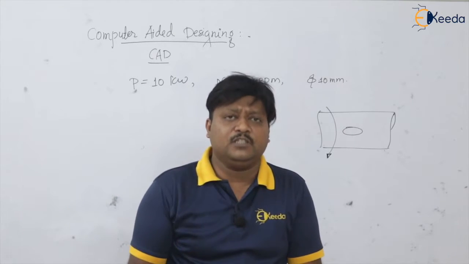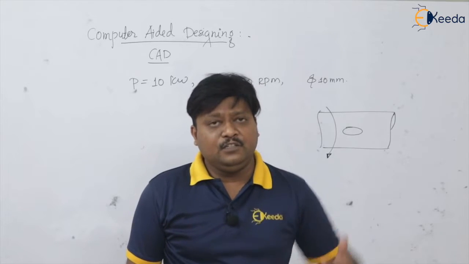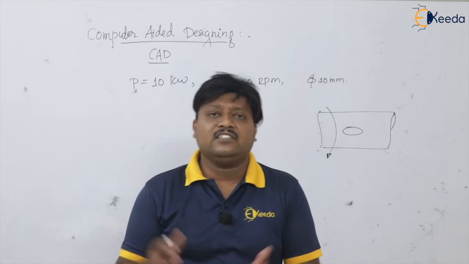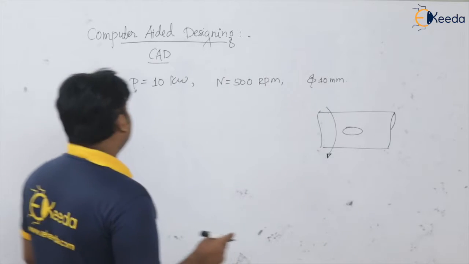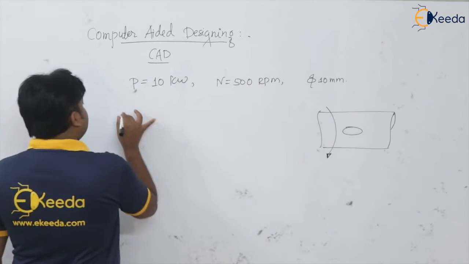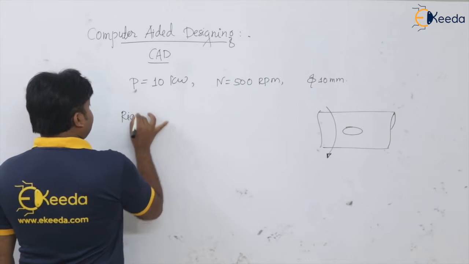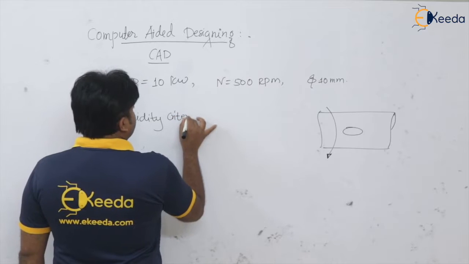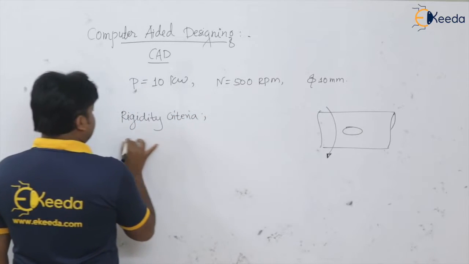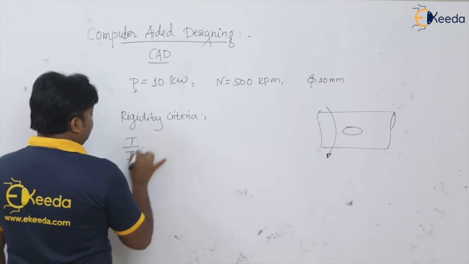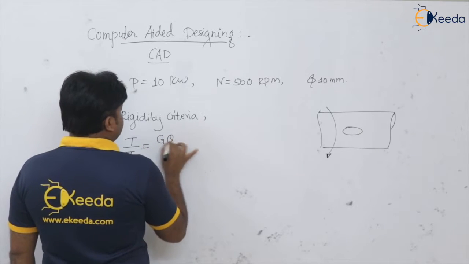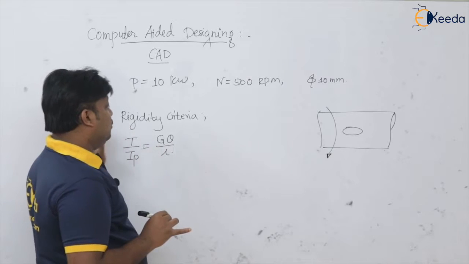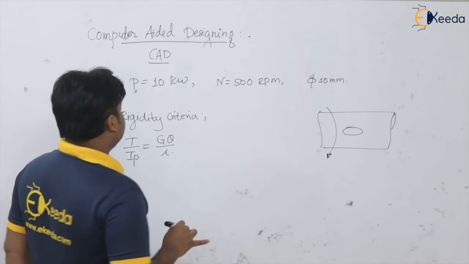Now see, in conventional designing, what we are going to do to find out the dimension, that is the diameter of the shaft, is we use two criteria, the rigidity criteria and the strength criteria. By the strength of materials, you know very well what the rigidity criteria says: T divided by J, polar moment of inertia, is equal to G theta divided by L, modulus of rigidity into angle of twist divided by length, isn't it?